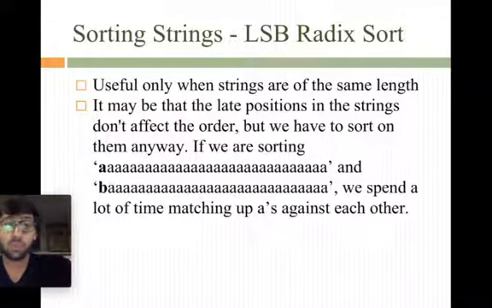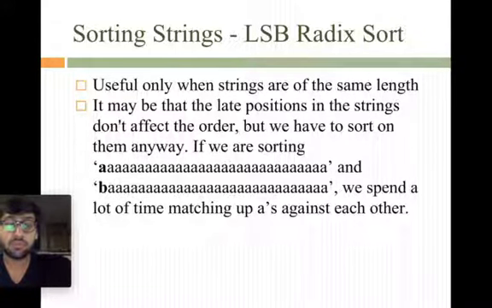Also, since the most significant positions are on the leftmost part of the string, we may waste a lot of time sorting on the right parts of the string, which will actually be changed later and will not have any effect on the original sorting order.